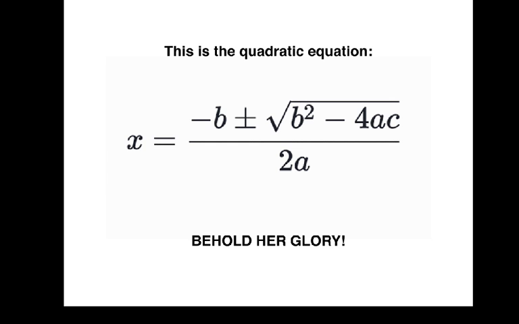Behold her glory. This is a prime piece of equation. But because it's so sweet, it can also be intimidating. Therefore, I'm going to give you a quick 5 steps on how we can deal with this monster of an equation.